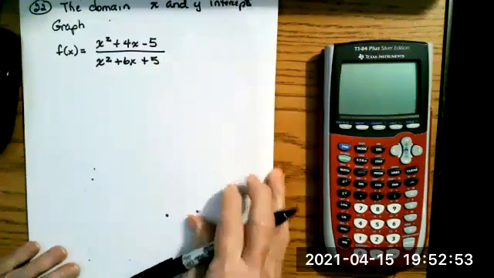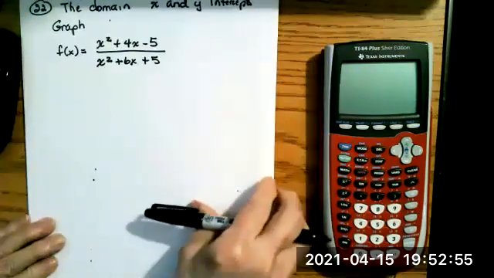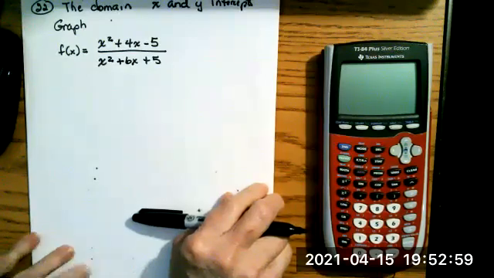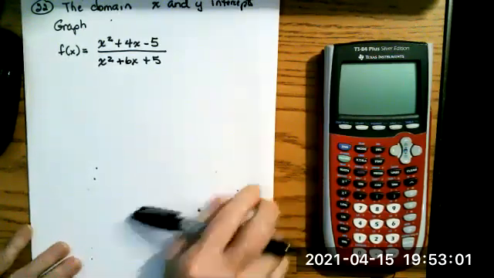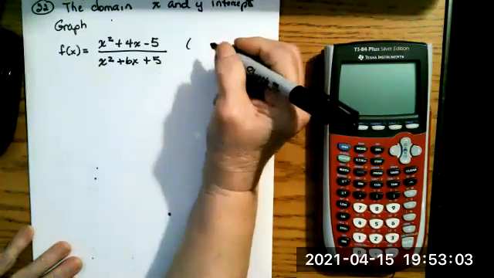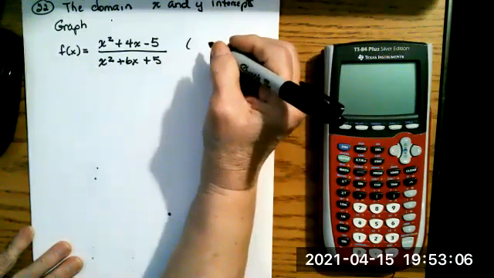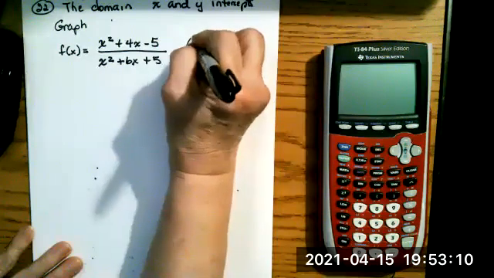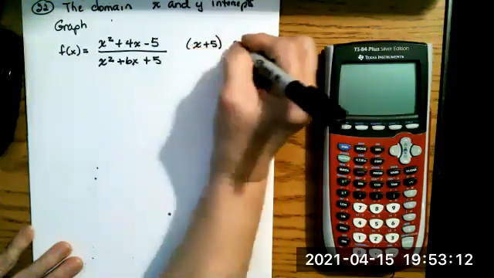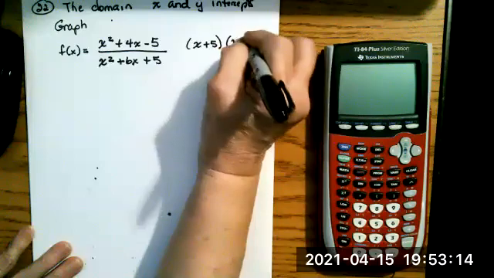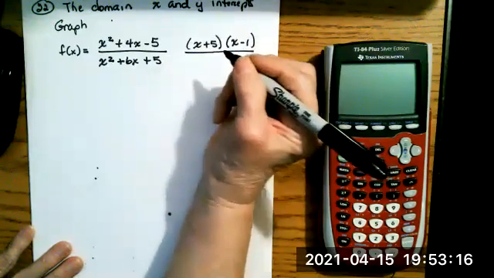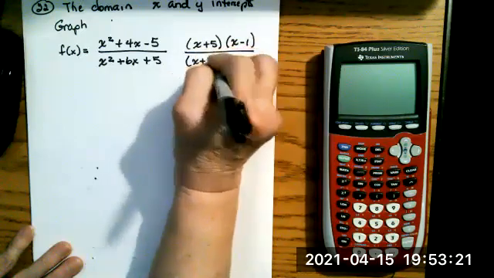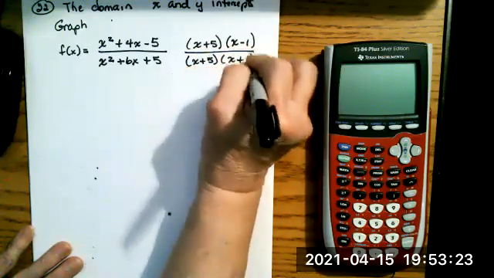We have to factor those. Anybody ahead of me? What do you factor this into? x plus 5 and x minus 1. And in the bottom? x plus 5, x plus 1.